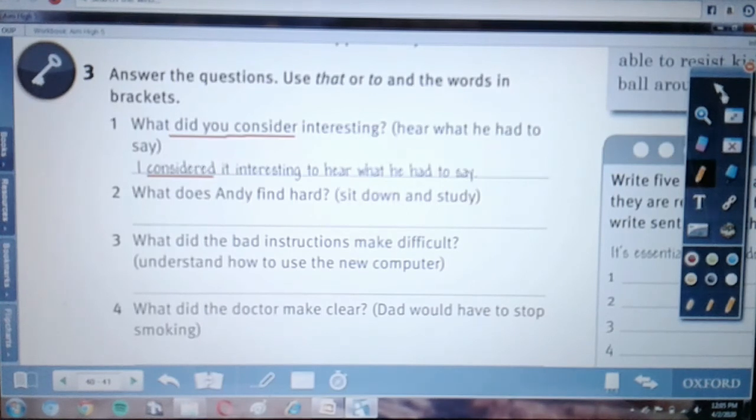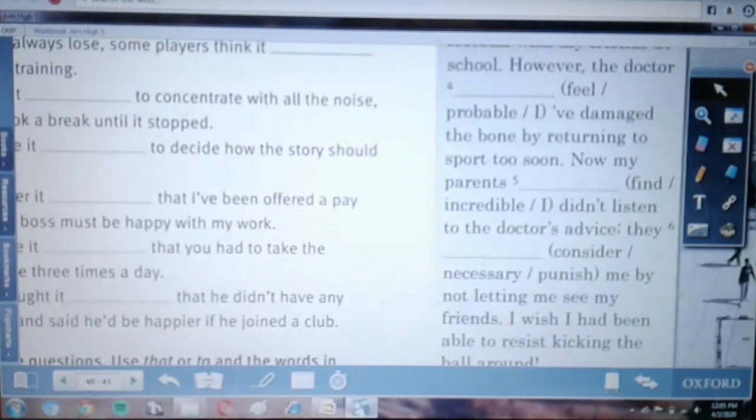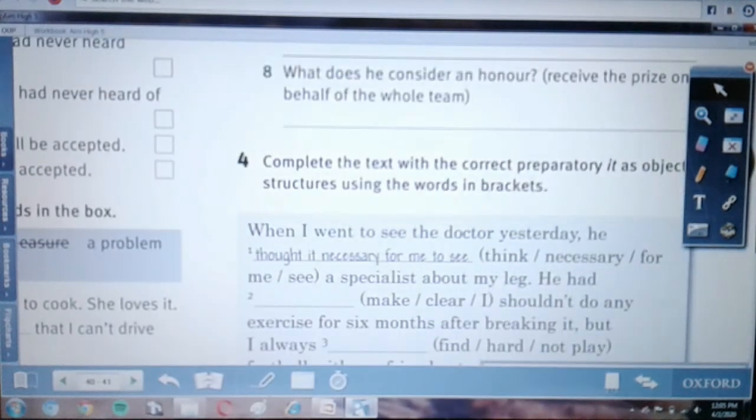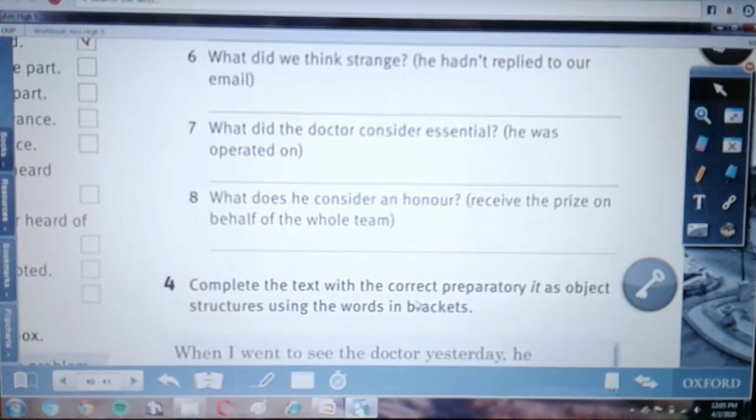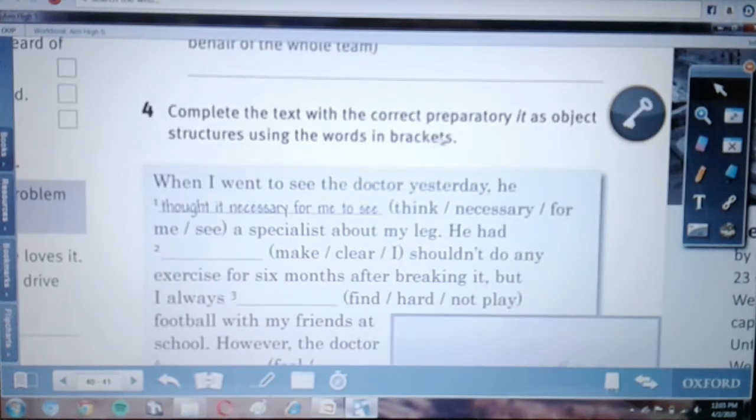Please answer the rest of these questions from number 2 till number 8. After that, this is the last part that you have to do. You need to complete the text with the correct preparatory it as object structures using the words in brackets.